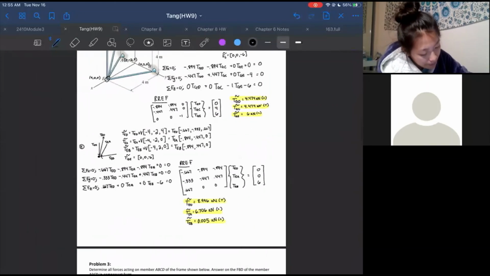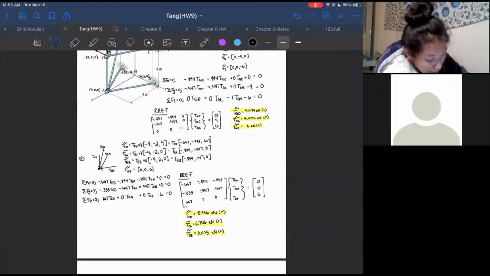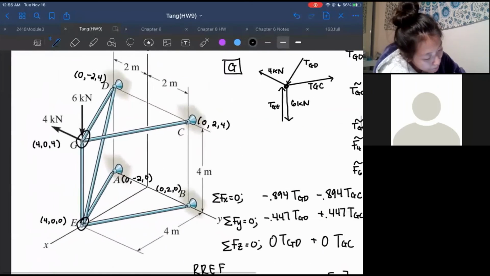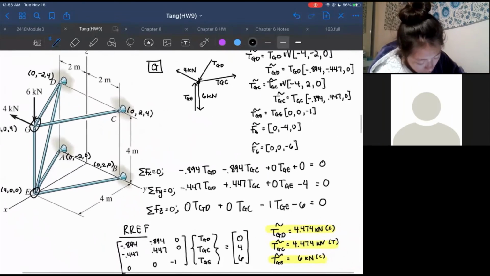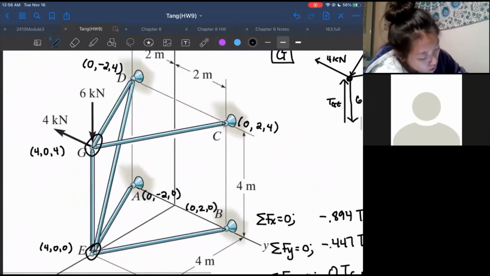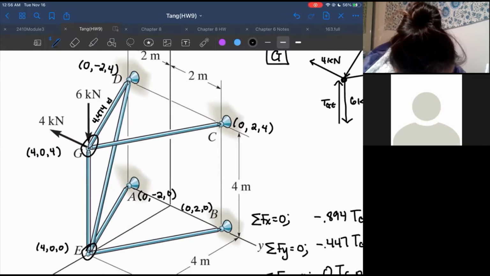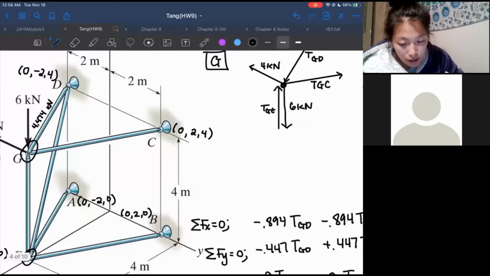Okay, so that way, I'll be going that way. All right. And then now I'm going to write everything in our picture. So TGD, which was 4.474, that one was in compression.